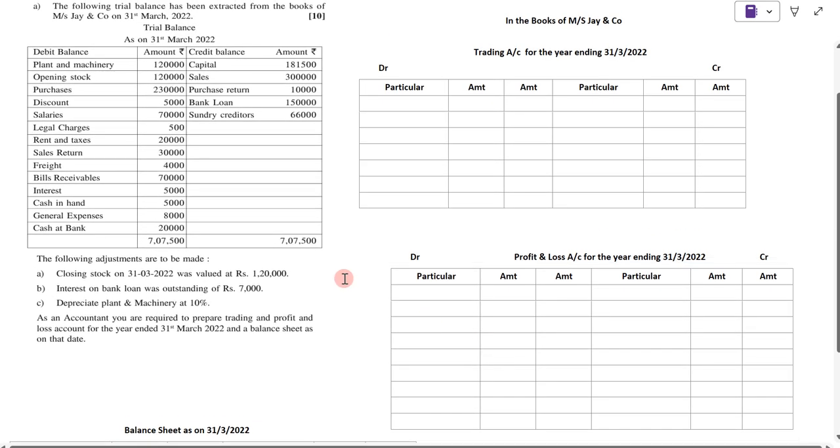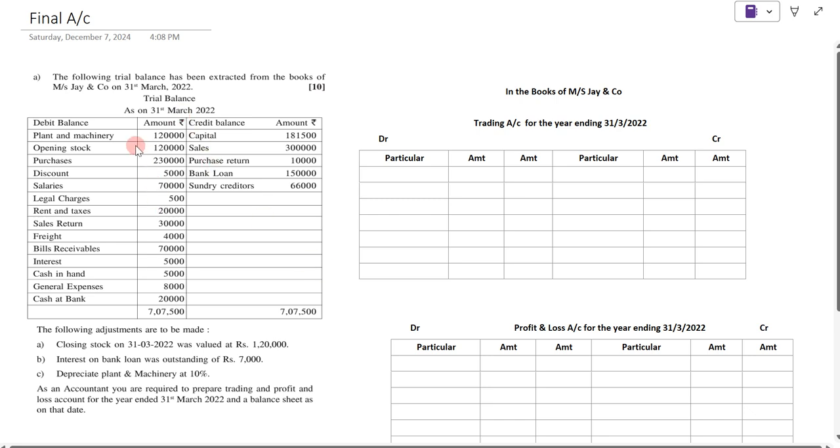Now first of all we have to post these entries in the particular account. Whatever items or particulars are given in the debit balance and in the credit balance, we have to post them in the respective account like trading account, profit and loss account and balance sheet.